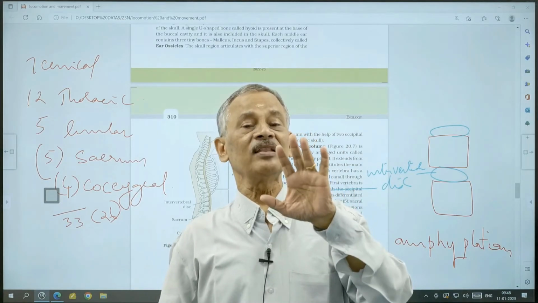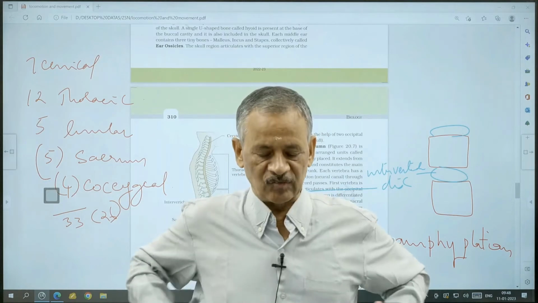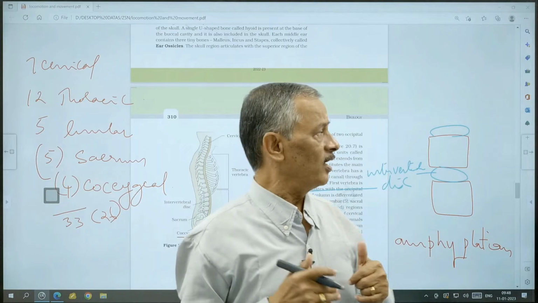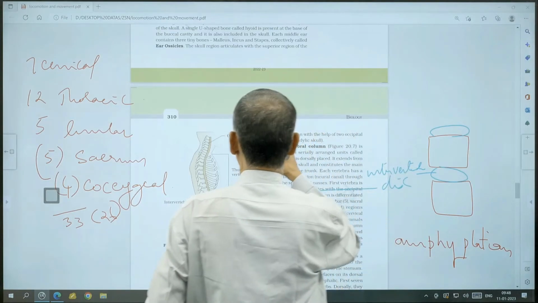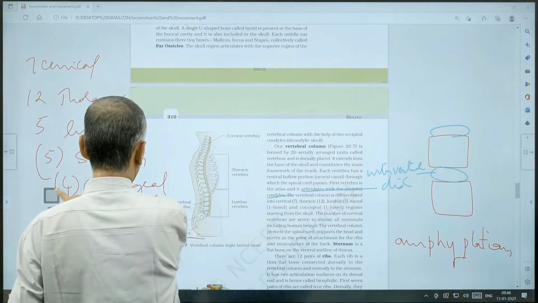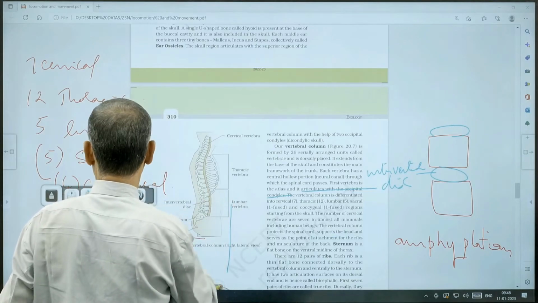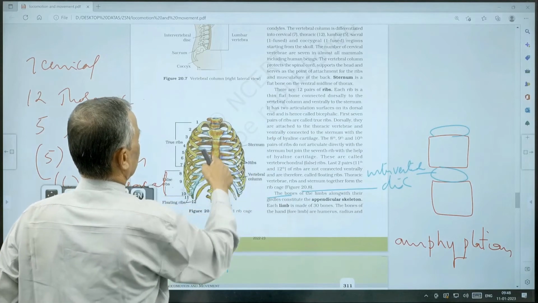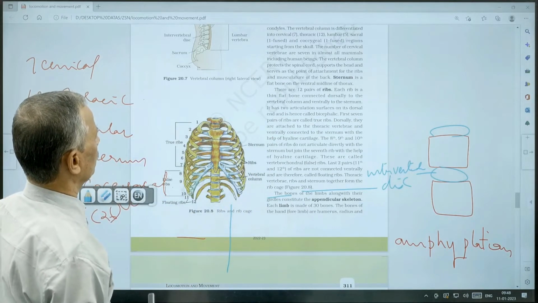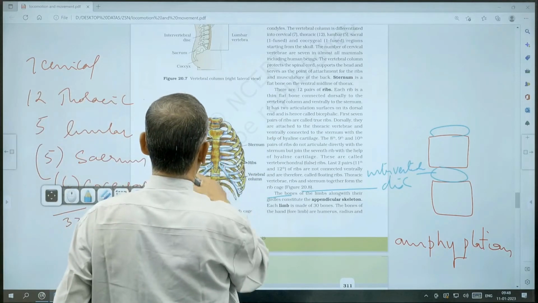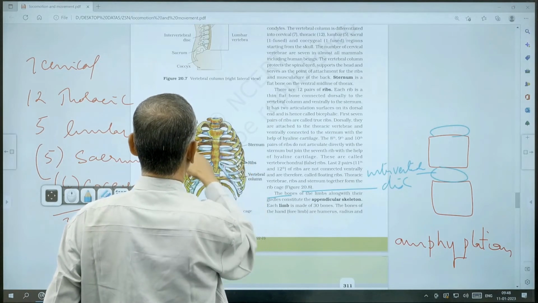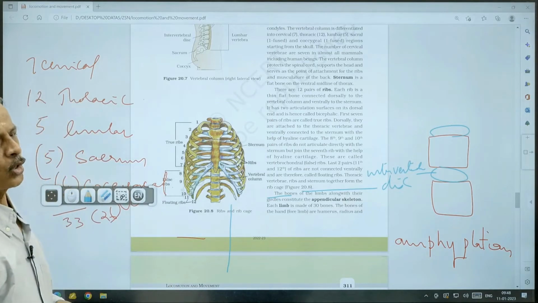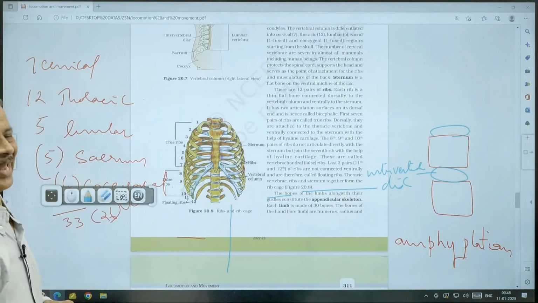Each rib is a thin flat bone that is curved, and of these 12 pairs, the first 7 are coming and meeting with the sternum. They are all connected to the chest bone called sternum by means of a hyaline cartilage piece. First 7, they are called true ribs or costa or direct ribs.